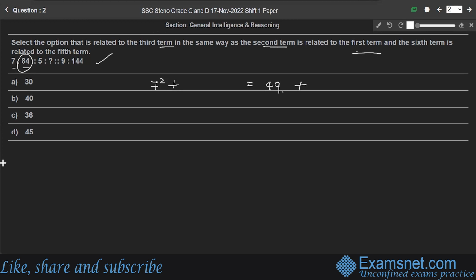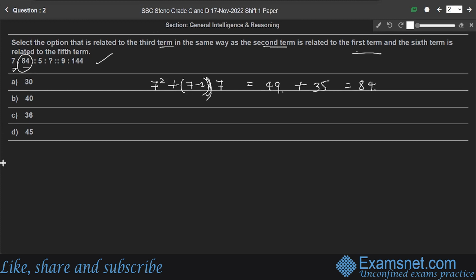That number should be a multiple of 7, right? So 7 into 5 is 35, right? So that 35 plus 49 becomes 84, right? So here 5 is nothing but 7 minus 2, right? Here the logic is 7 square, which is the first term square, plus 7 minus 2, first term minus 2, into first term is equal to 84, right?